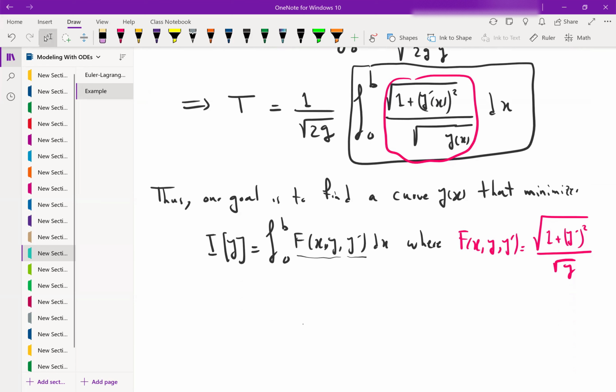Now that we want to minimize this functional, by the theorem that I discussed previously, we have to solve the Euler-Lagrange equation.